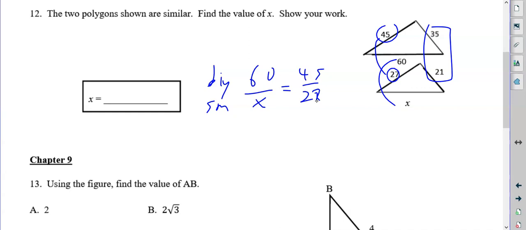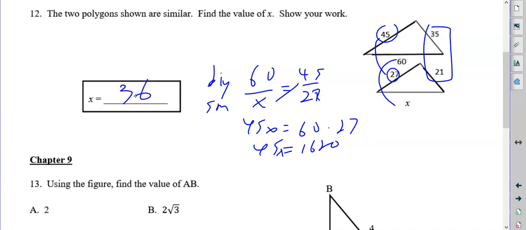So I'm going to do 45x equals 60 times 27. And if you do 60 times 27, you end up with 1,620. And then when you divide by 45, you get the answer of 36.